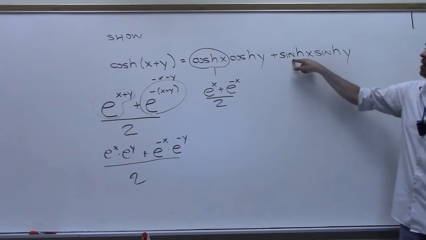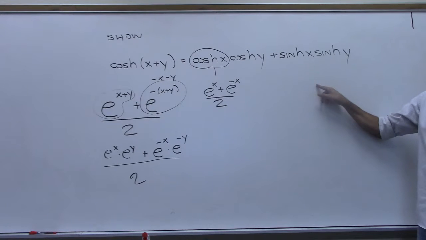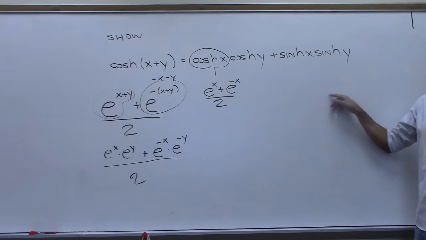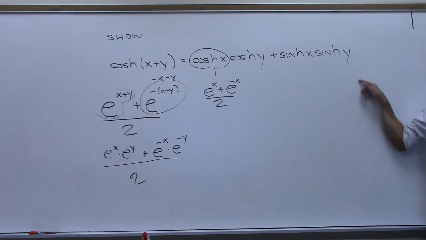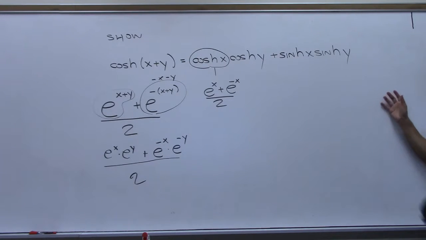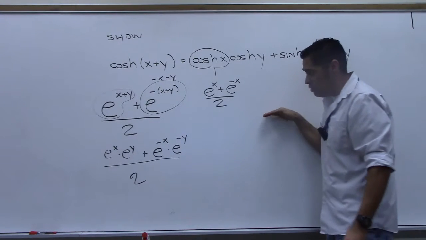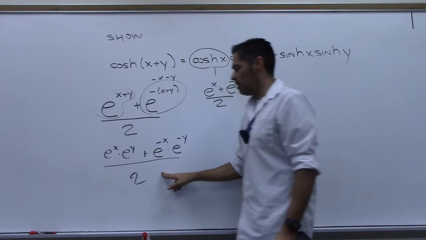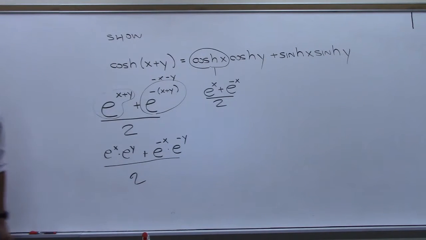Then plus that over here, e to the x minus e to the negative x over 2, and then e to the y minus e to the negative y over 2, and then you put them all together. I bet if you do enough massaging of it, you can turn it into that. So that's your homework problems. I think you're asked to do the sine one, but it's the same idea, same concept.